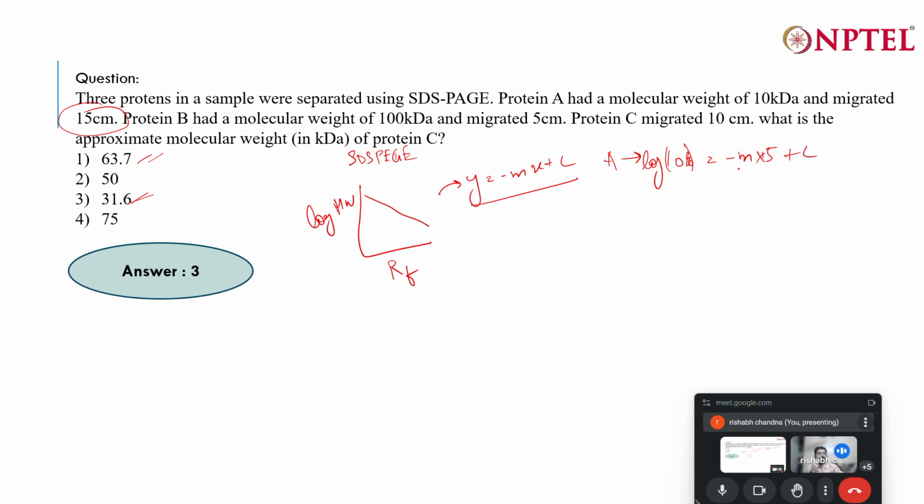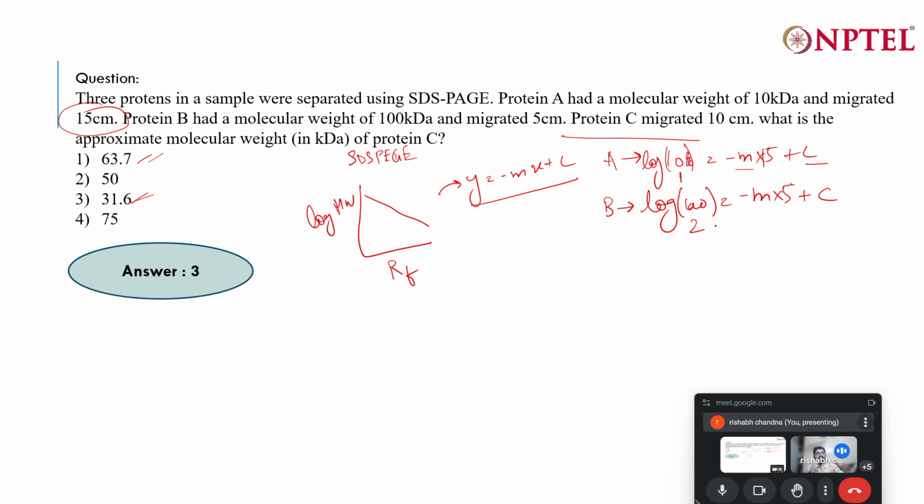Because we don't know the slope and the y-intercept yet, we have to calculate that, and accordingly we can calculate the molecular weight of protein C. And for protein B, we have log 100 equals minus m into 5 plus c. So log 10 will be 1 and log 100 will be 2.